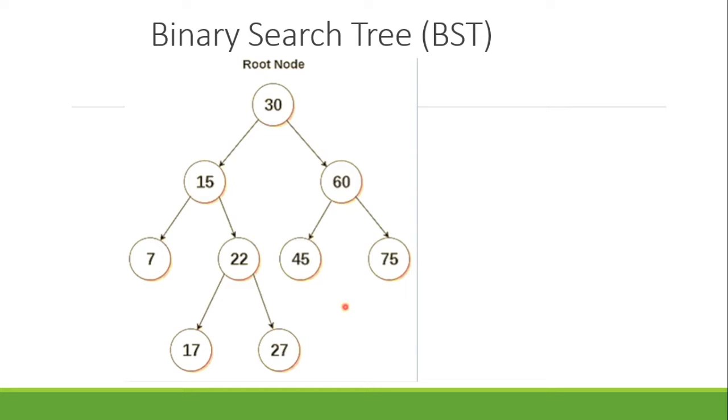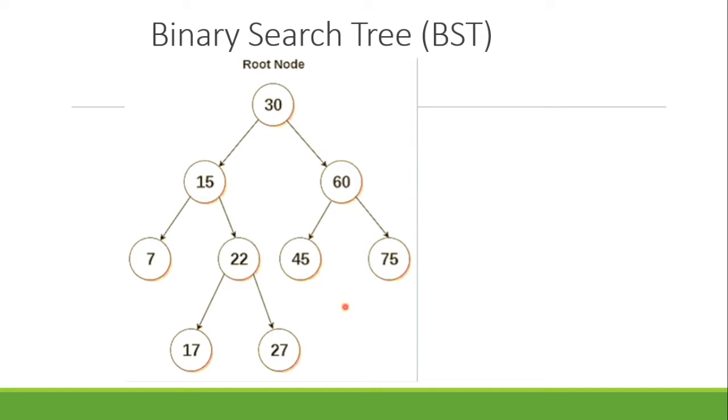Similarly, in a binary search tree, every node has an identifier. That identifier will uniquely identify each node in the binary search tree. So here the root node has the ID 30.